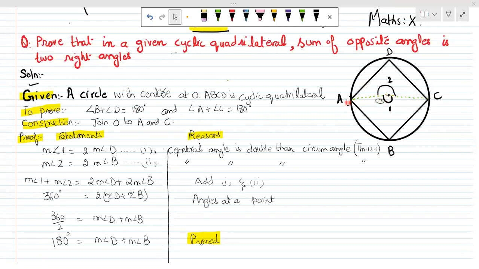We're joining this point O to A and C. And this is the cyclic quadrilateral ABCD.